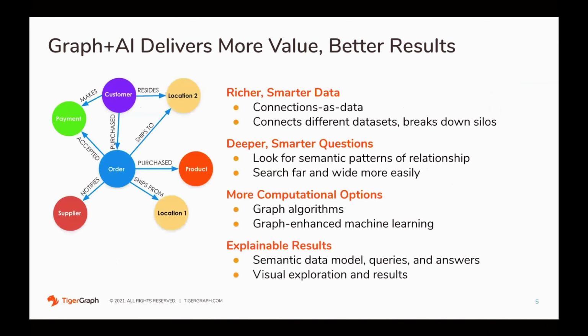So graph and AI, that is a great combination. It delivers more value and better results than either alone. Now, the graph data model by itself really shows you how things are connected in the real world. And in that sense, it's providing you richer data. It's modeling things more closely to how people actually think about them.